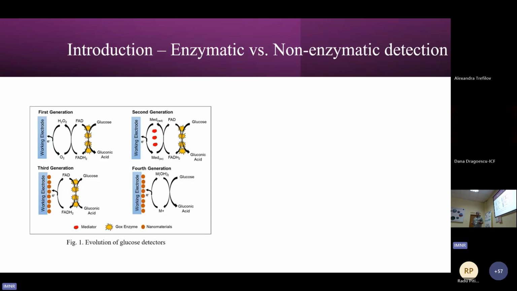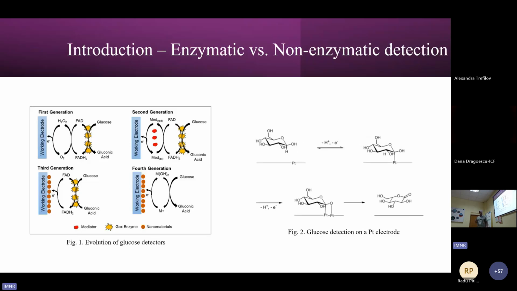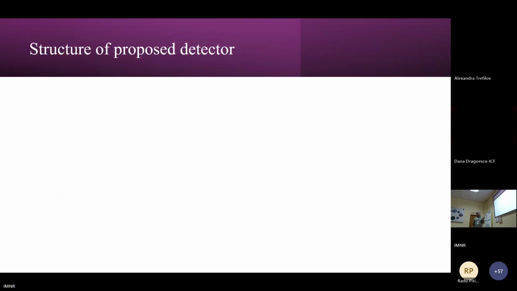Because of that, attention has been diverted to non-enzymatic detectors, which use precious metals such as platinum or gold. Also, there are some glassy carbon functionalized electrodes and oxidic electrodes.